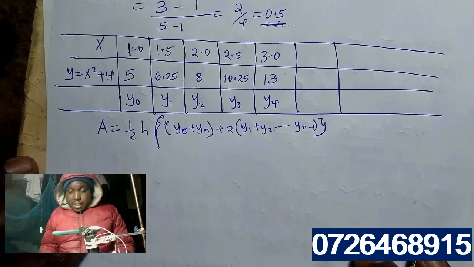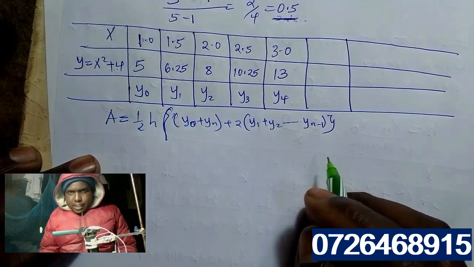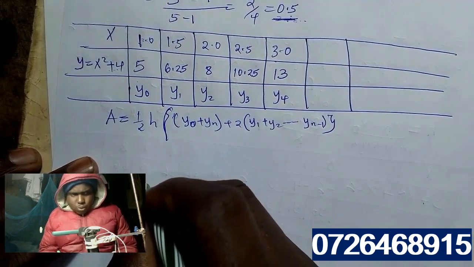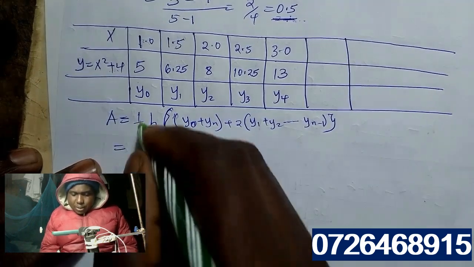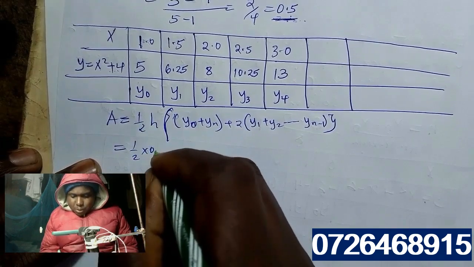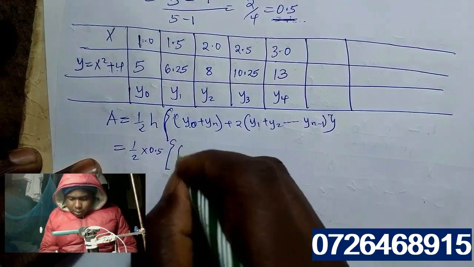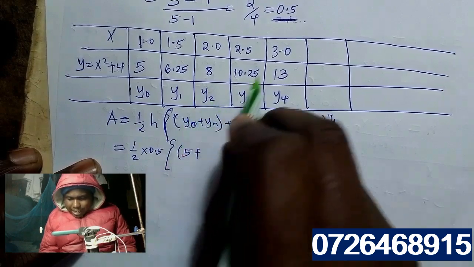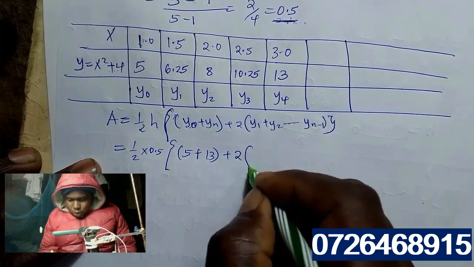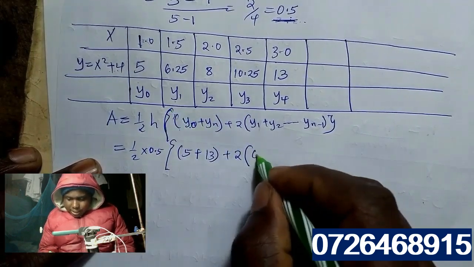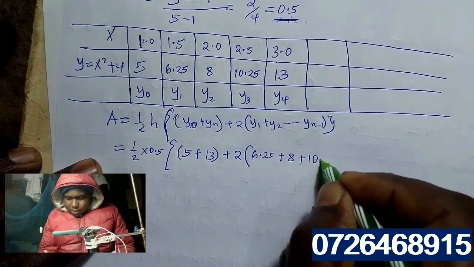Now what you need to do is insert the values. This is a half times 0.5. You open the big bracket: y naught is our 5 here, plus yn, the last one, which is 13. You close the bracket plus 2 into y1, which is 6.25 plus 8 plus 10.25.